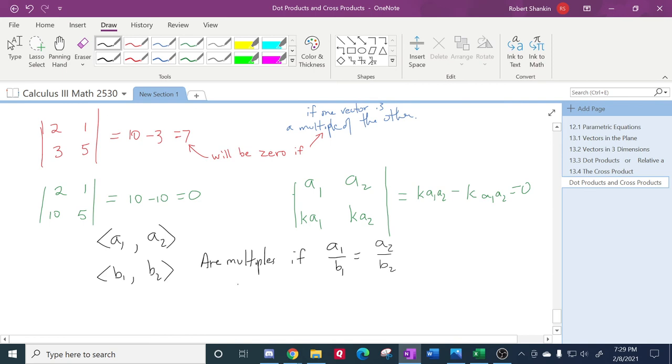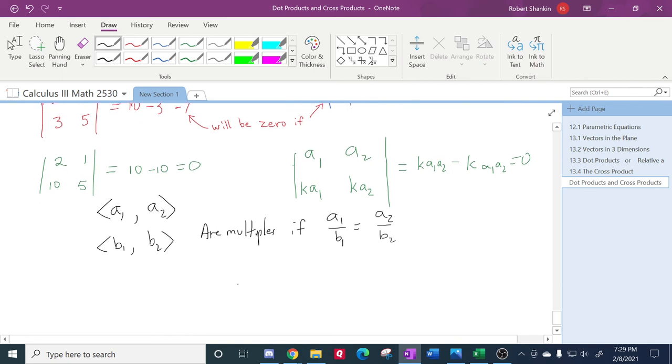Okay. Now, when you take this cross thing, when you take A1, A2, B1, B2, and you take the determinant, you're getting A1, B2 minus A2, B1.